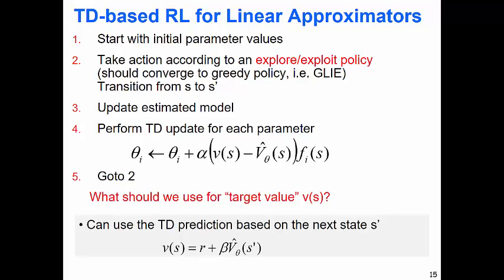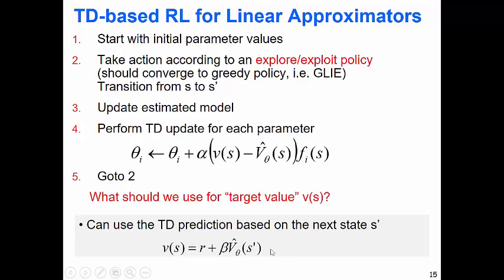So the TD approach will say, well, I observed this reward, and then I got to my next state S prime, and this is my current estimate at S prime, and so this is R plus the discount factor times the next state estimate. So this is just like what we did previously, except previously we had a table that was storing these value estimates. Now we have this linear function storing the value estimates.